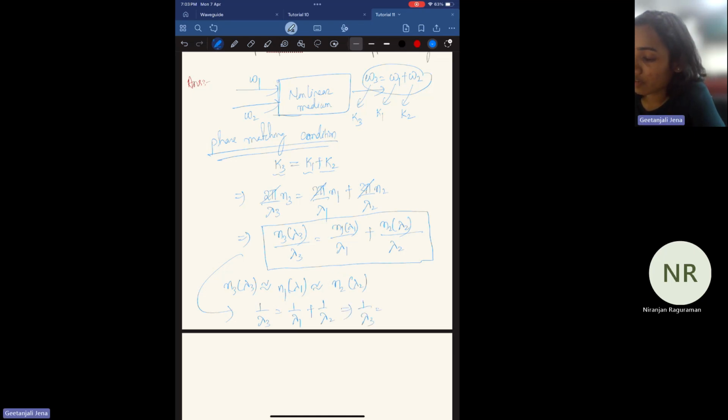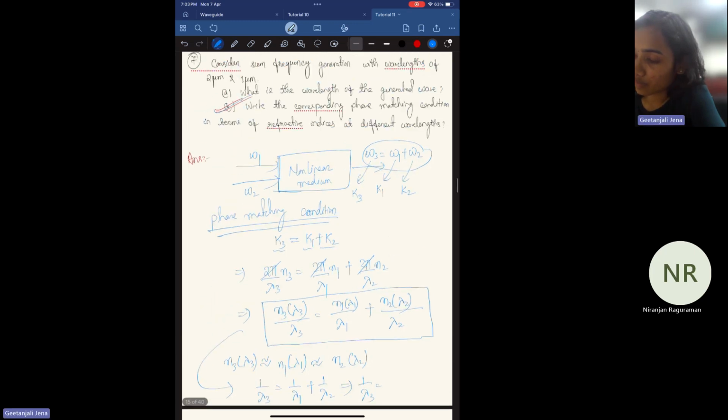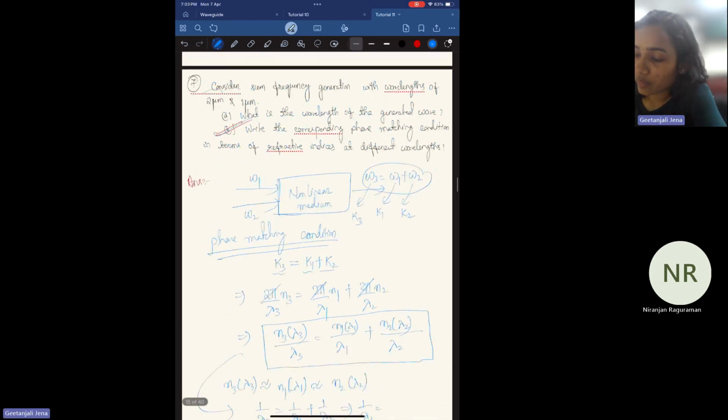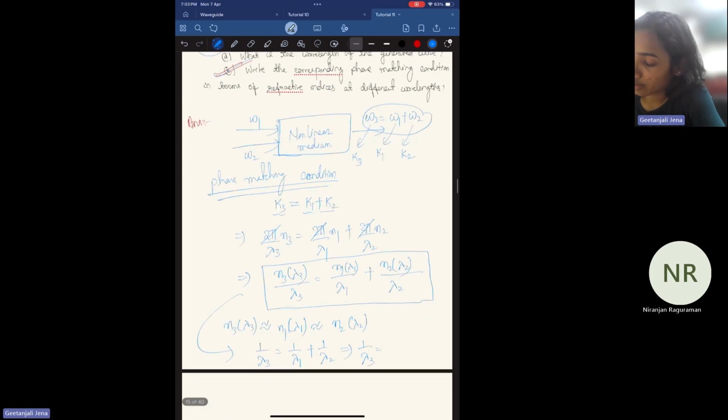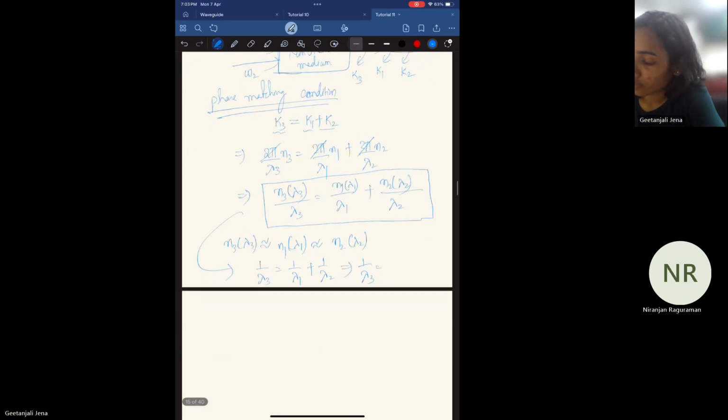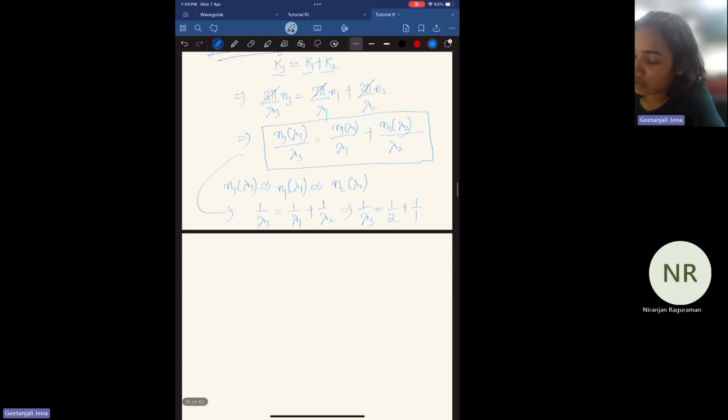Lambda 1 and lambda 2 are already given in the problem: lambda 1 is 2 micrometer and lambda 2 is 1 micrometer. So this is 1 by 2 plus 1 by 1, which is 1.5, right?